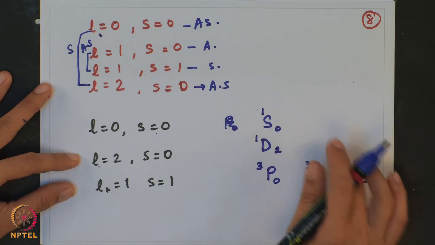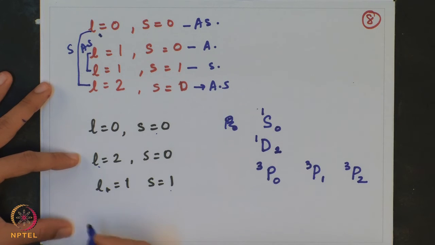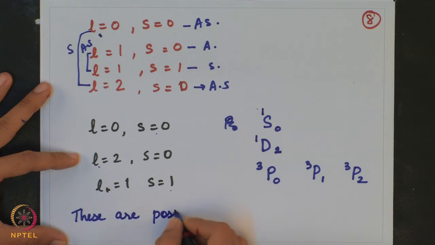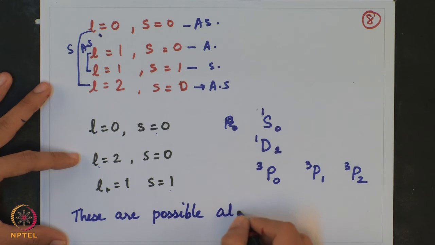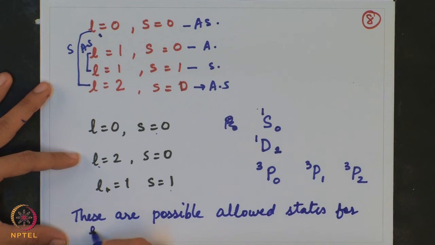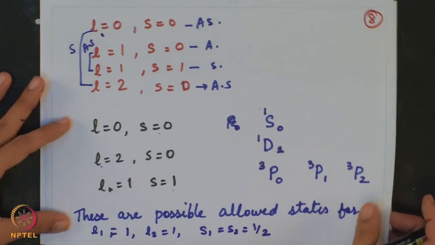So, in terms of spectral notation, these are the possible values or the allowed states for the combination L1 equal to 1, L2 equal to 1, S1 equal to S2 is equal to half. Okay. So, these are the possible states which are allowed.